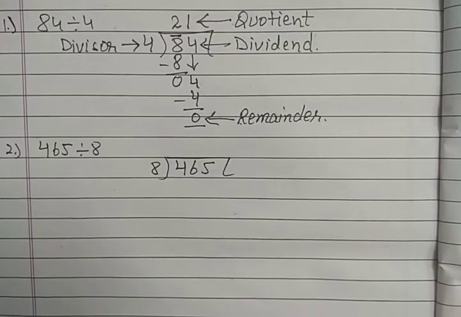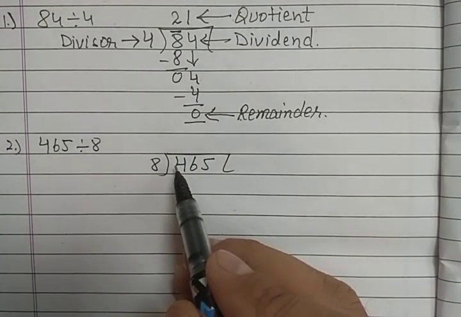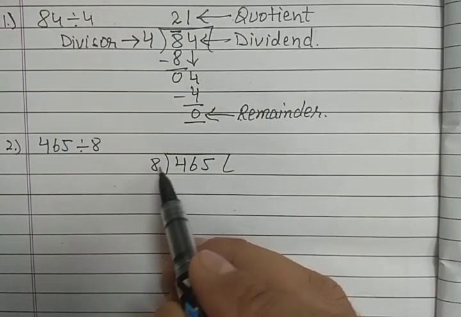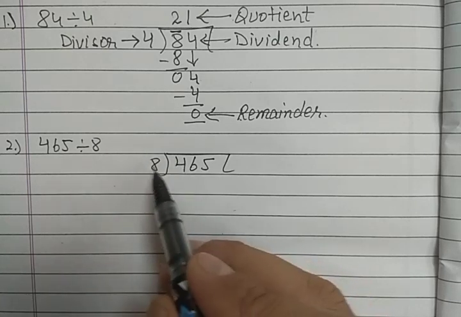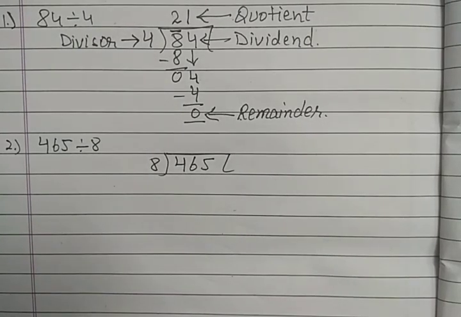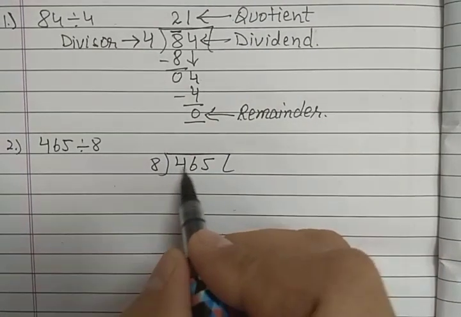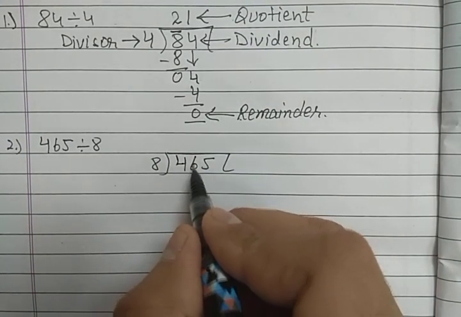Now what we have to check first? First of all, we will check the first digit. It should be equal to or greater than the divisor. So here 4 is smaller than 8. So 4 cannot come in the table of 8. So I have to take one more digit, so it will become 46.